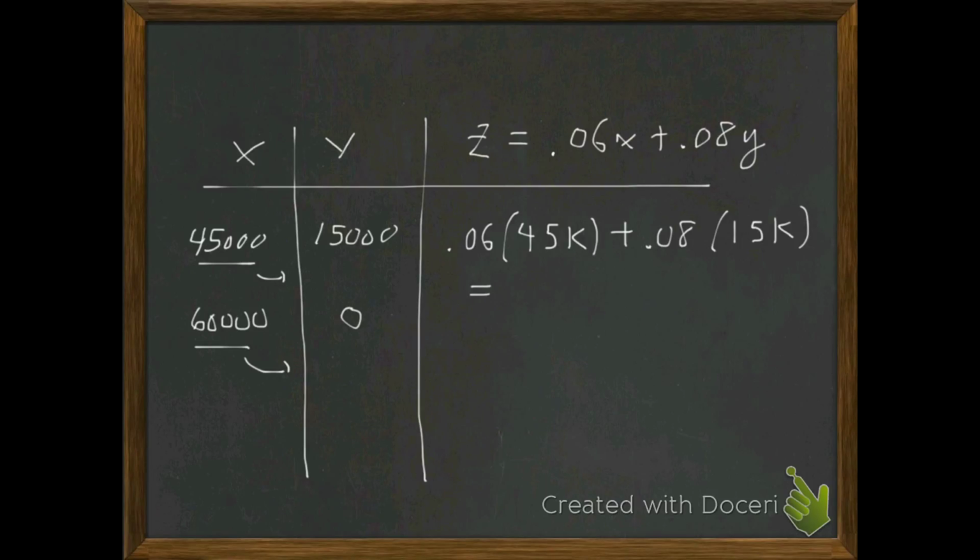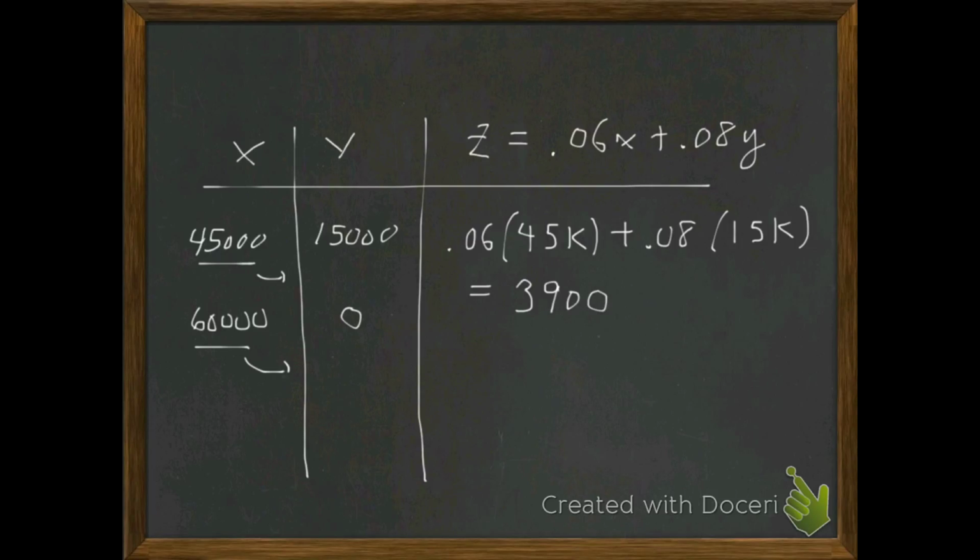So we've got 0.06 times 45,000 plus 0.08 times 15,000. And it looks like to me that my total return here is 3,900.